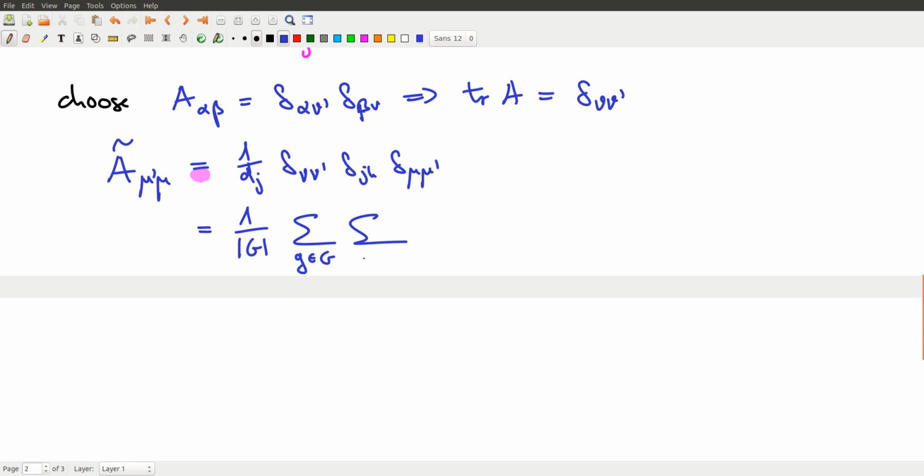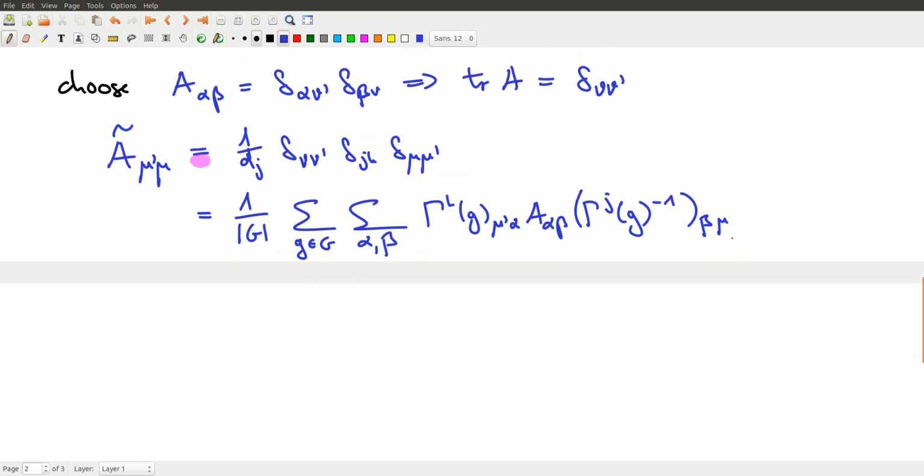And now we spell this out in components. So the matrix multiplications, this is sum over alpha and beta. And we have gamma k of G, matrix element mu prime alpha, A alpha beta, gamma J of G, inverse matrix element beta mu.